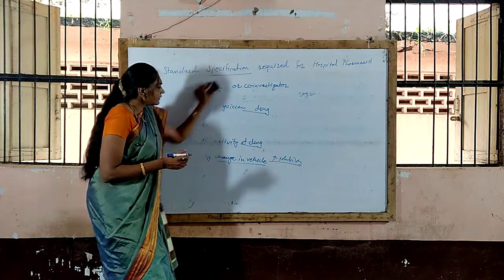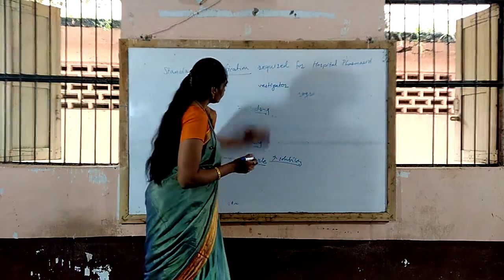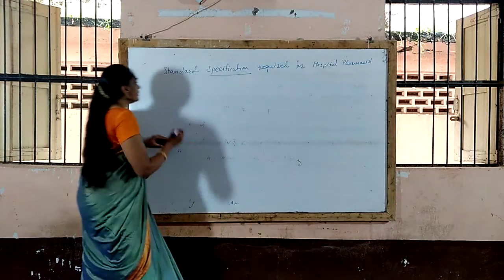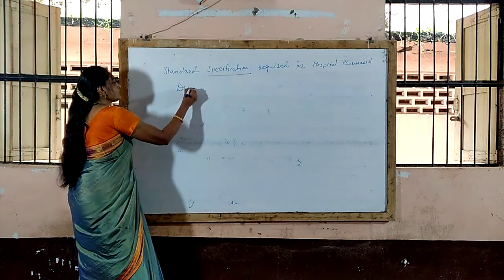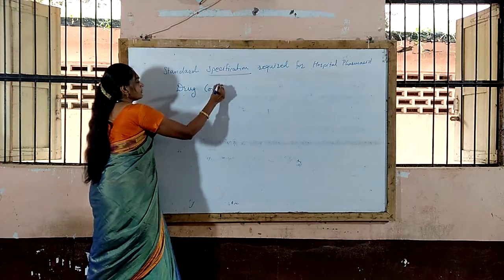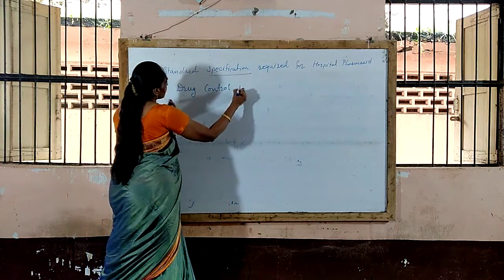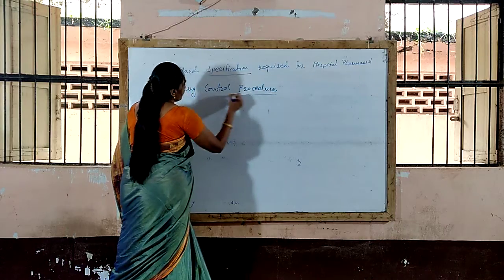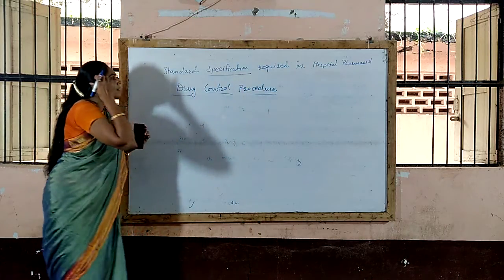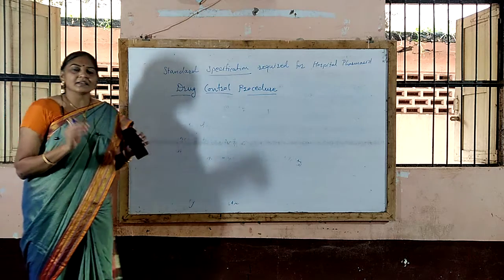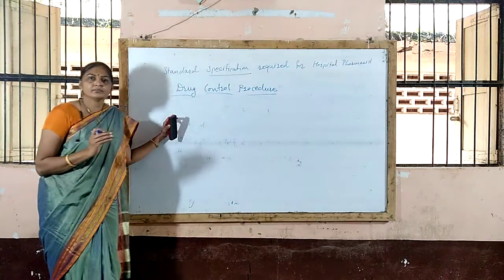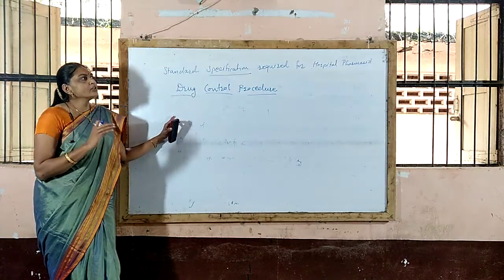Next is drug control procedure. Ability to conduct and control drug control procedure. The job of the pharmacist is to store the drug according to requirement.